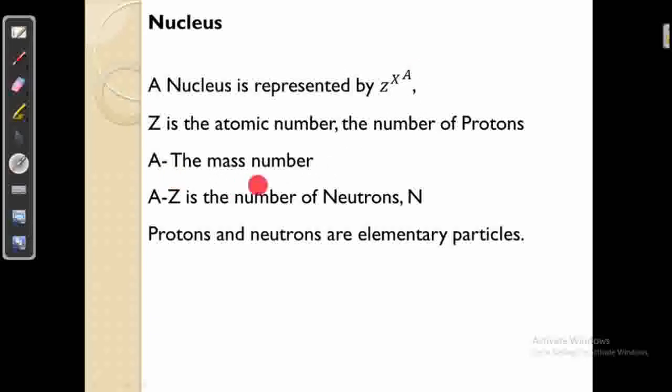So if Z is the proton number and A is the number of protons plus neutrons, then A minus Z will give the number of neutrons N. These protons and neutrons are also elementary particles, and the electron is also an elementary particle. About elementary particles, we will learn in the next module.